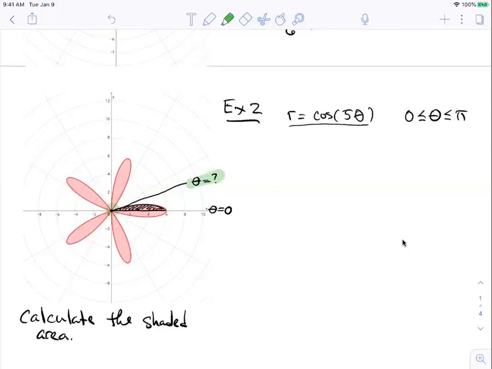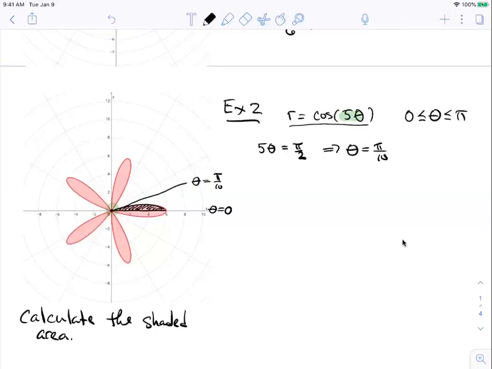The input of our cosine function is 5 theta. So we need to find out how 5 theta can be pi over 2, because that's the first time that the cosine will return 0. Well, 5 theta equals pi over 2 means that theta is pi over 10. So that's the answer to my question: the theta value right there is pi over 10, and that's my upper limit of integration.